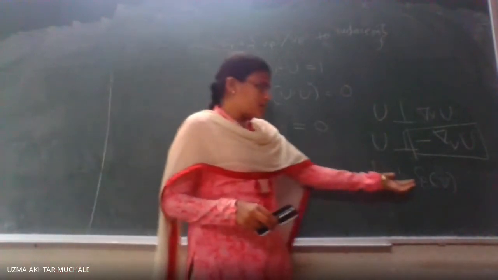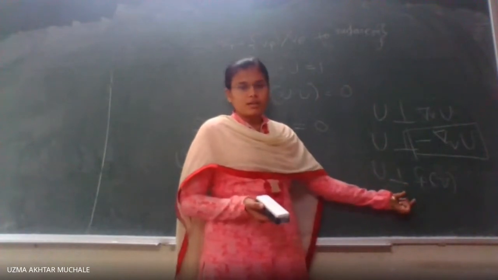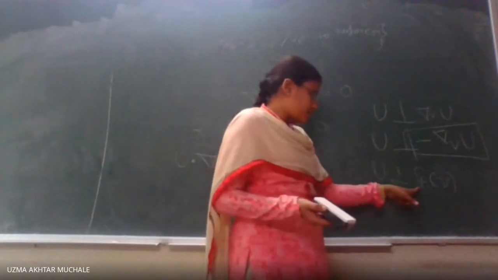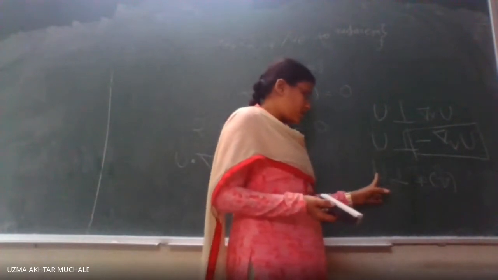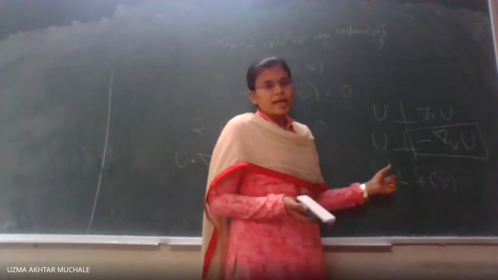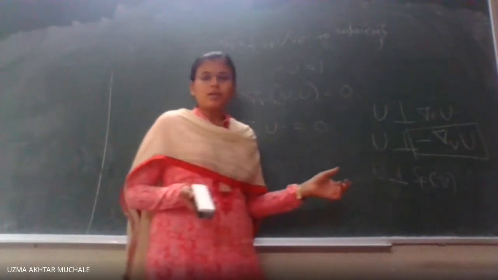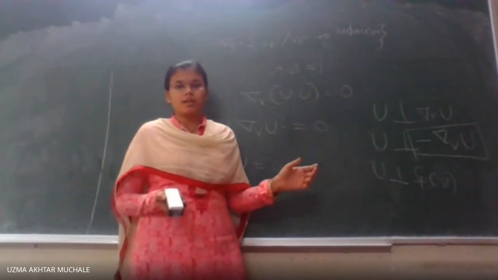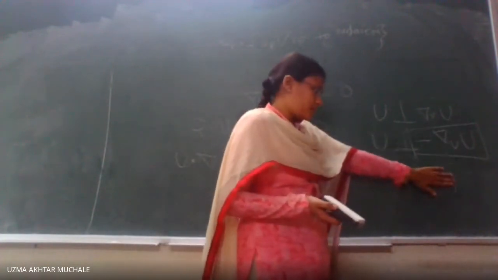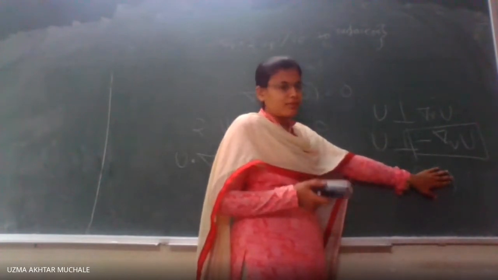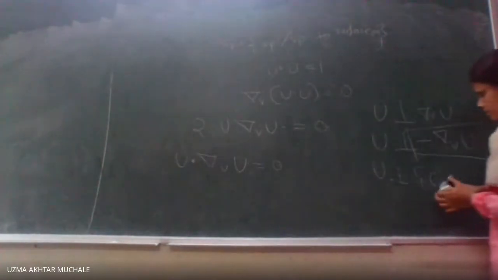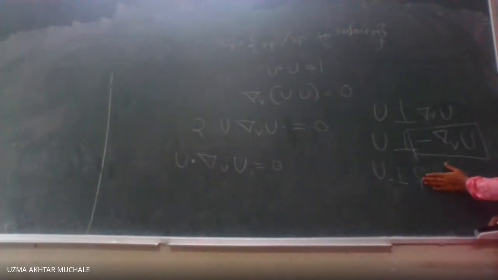SPV is the collection of tangent vectors to the surface. Unit normal means it is perpendicular to the tangent plane, or rather perpendicular to tangent vectors to the surface. If u bar is perpendicular to something, what is the meaning of that?